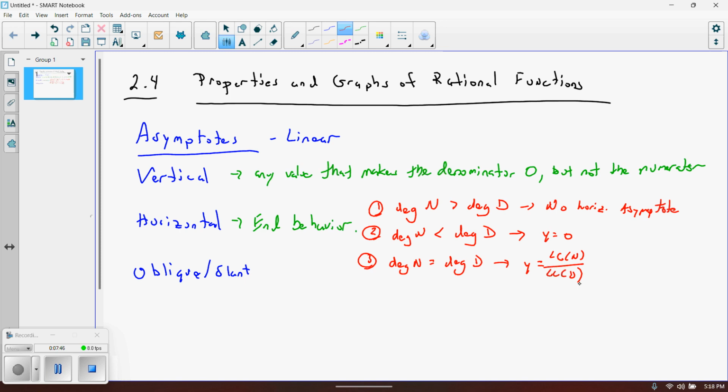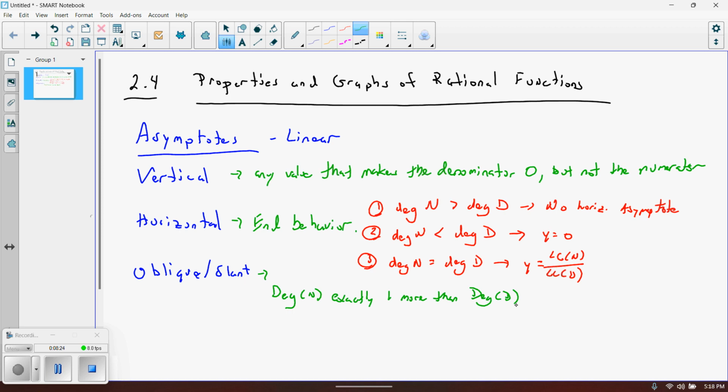And there is a very good chance this will be a multi-video lesson, just because of the fact that these problems can take some time. All right, and then the last thing that we have is a slant asymptote, or an oblique asymptote. And the only way for you to get an oblique asymptote is for the degree of the numerator to be exactly 1 more than the degree of the denominator.